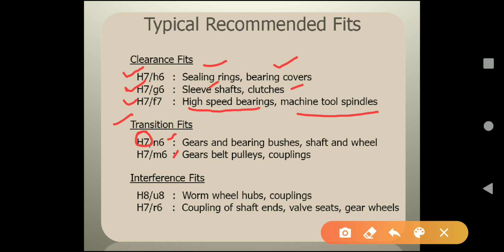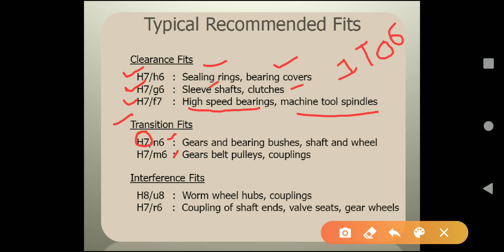The number 6 is used for the IT designation, that is the tolerance of an IT grade, that is IT6. These are used for gear and bearing bushes, shaft and wheel. Then gear belts and pulleys are also combinations of a transition fit. Transition is nothing but clearance as well as interference.